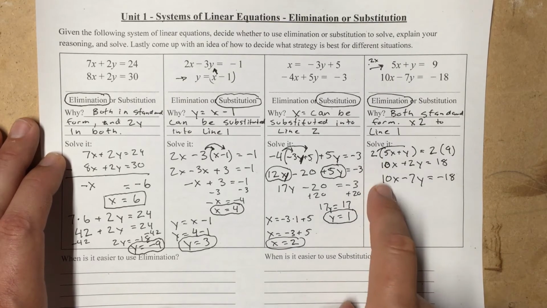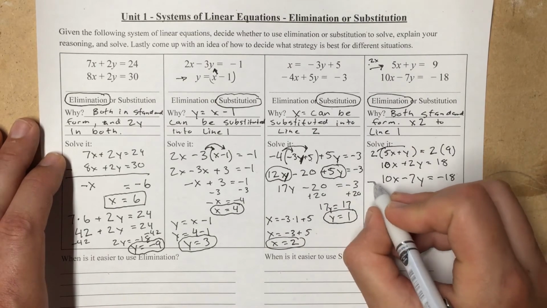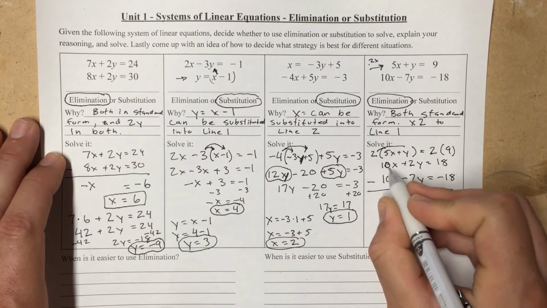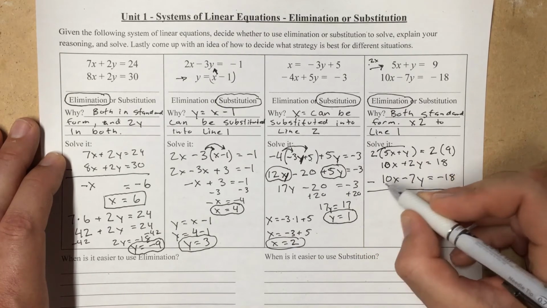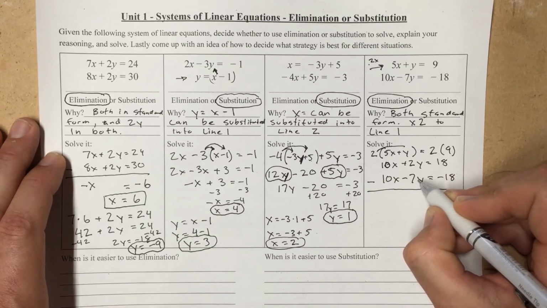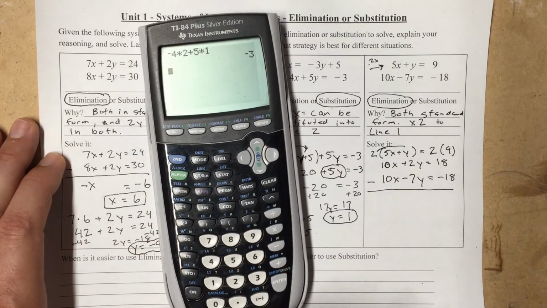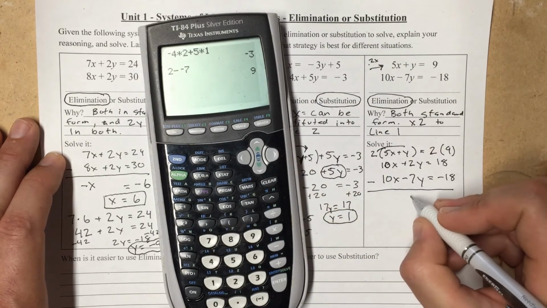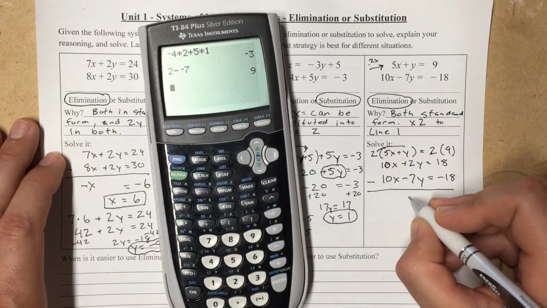Now I have 10x and 10x, okay? Now I can subtract. So 10x minus 10x becomes 0. This is gone. 2y minus 7y, that's like subtracting a negative, so I better check on that. 2y minus a negative 7y is a positive 9y. Remember, subtracting a negative number makes it a positive.